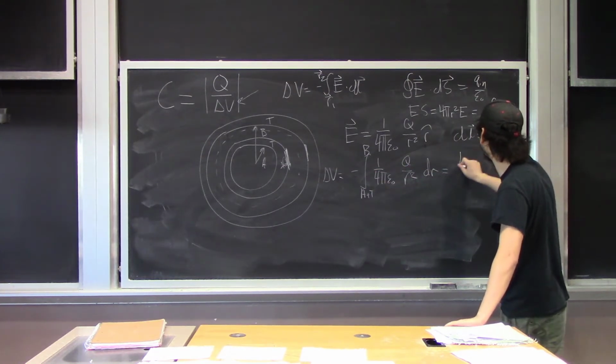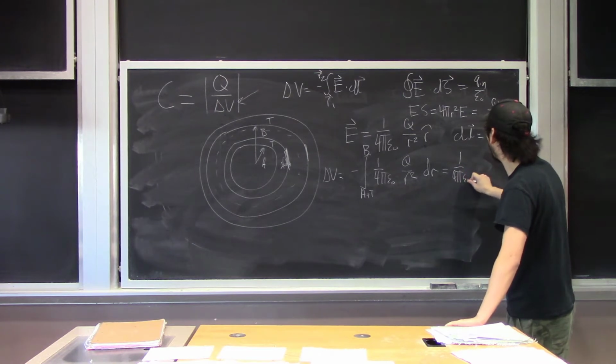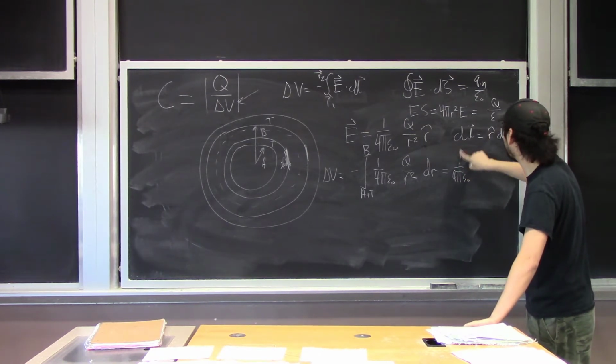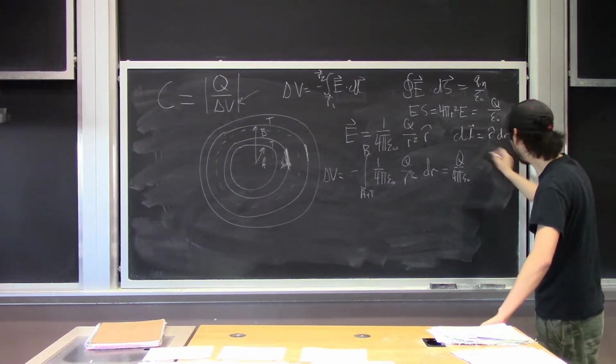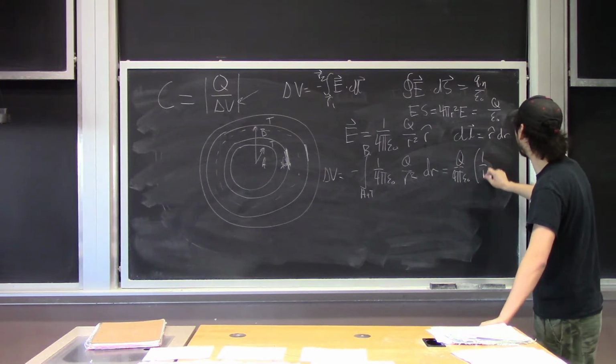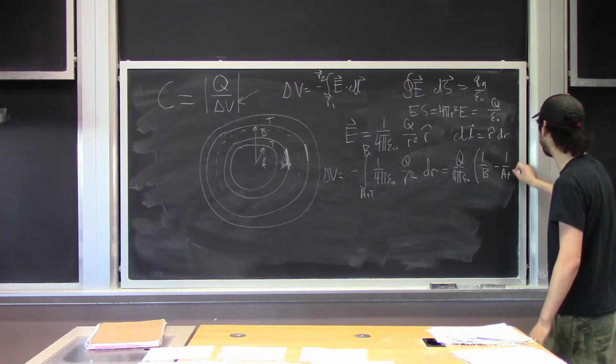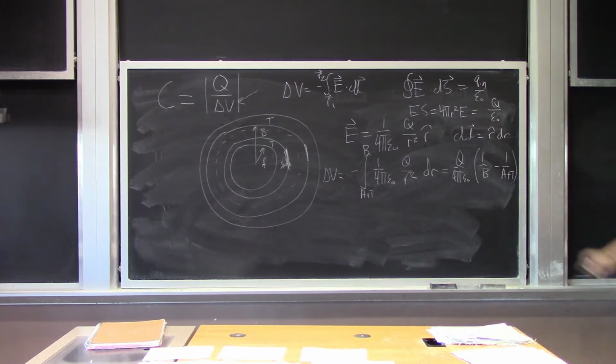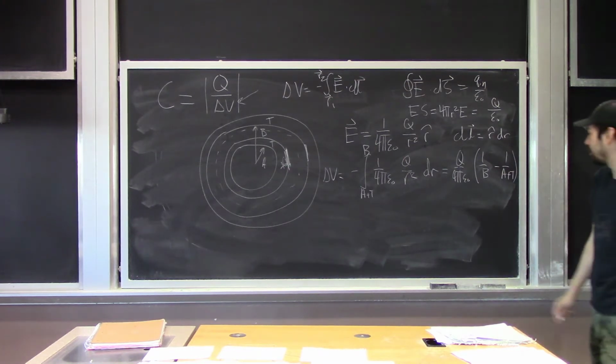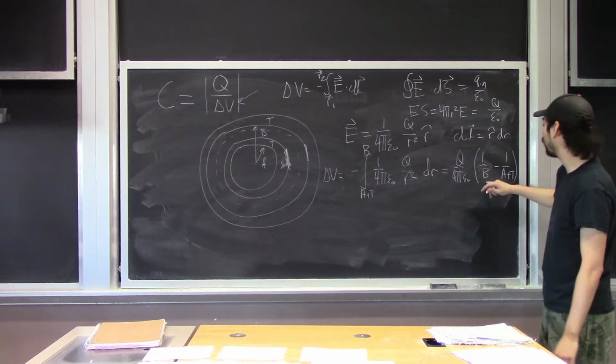So this is going to be equal to 1 over 4 pi epsilon naught times Q, times 1 over B minus 1 over A plus T. Okay, so this is a little bit of an unnecessary step, but I like to do it so that I can check the units in the end.